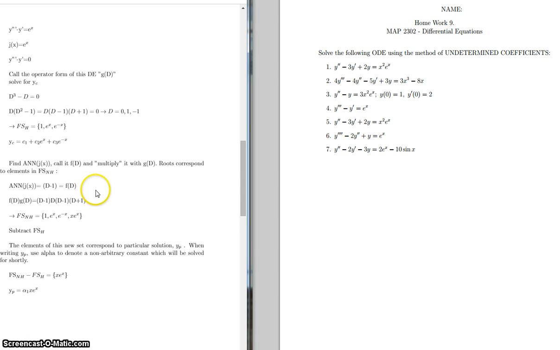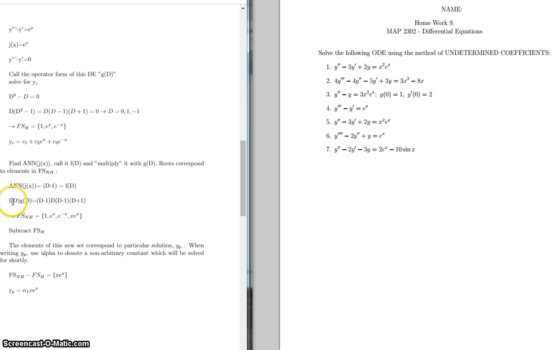Our next step is going to be finding the annihilator of j of x and calling it f of d for convenience shortly. We're going to multiply it with g of d, and the roots correspond to the elements of fsnh, our fundamental set of solutions to the non-homogeneous version of this differential equation. So the annihilator of e to the x is d minus 1.